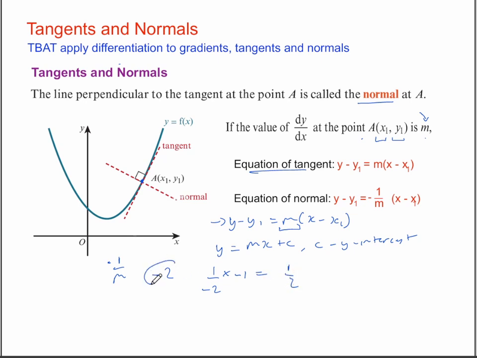So if this was the gradient of the tangent, then this would be the gradient of the normal at that point. As for the other method of showing an equation of a line, we will just change the value of m from m to negative 1 over m. So y equals negative 1 over m x plus c, and you will have to find a new y-intercept where you can plot in these points that it is a normal at.